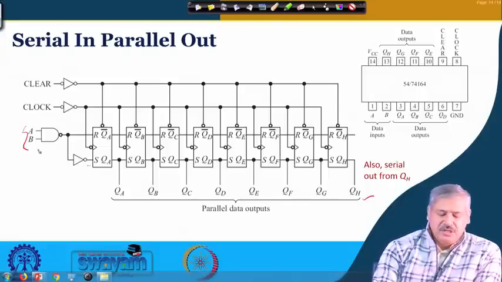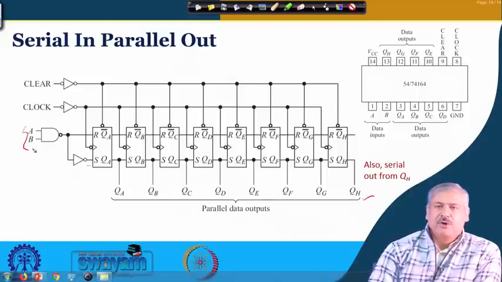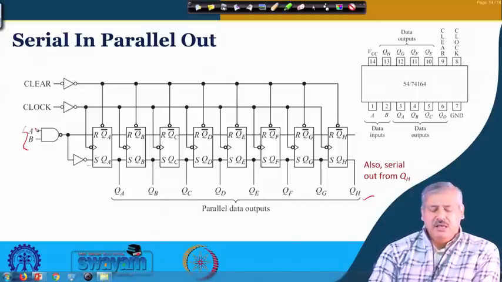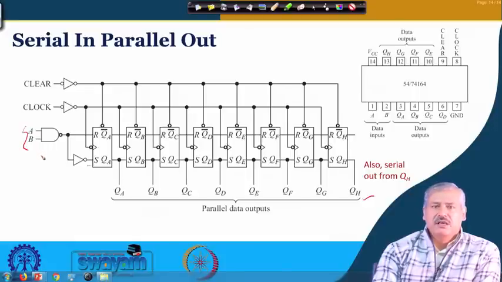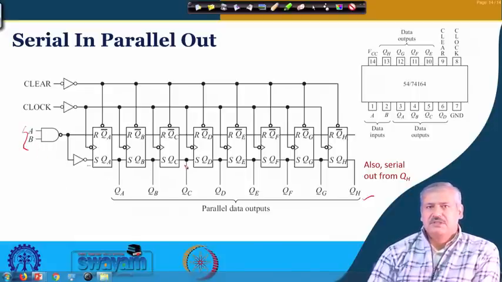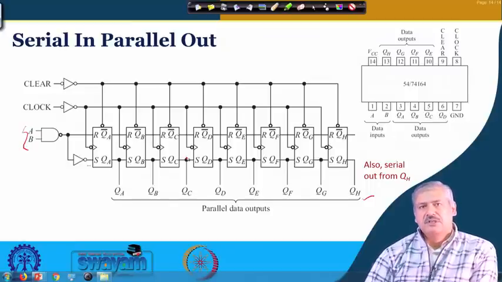When B is 1, say the control input is 1, then whatever is the value of A, the data that you want to put in this group of flip flops, will be passed through A and get to those flip flops through clock trigger.